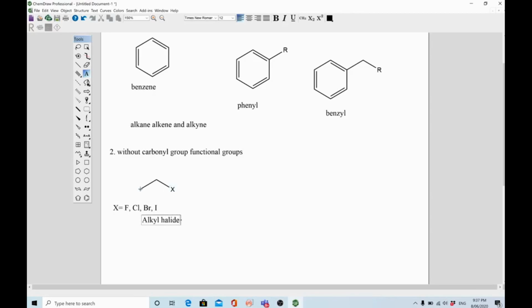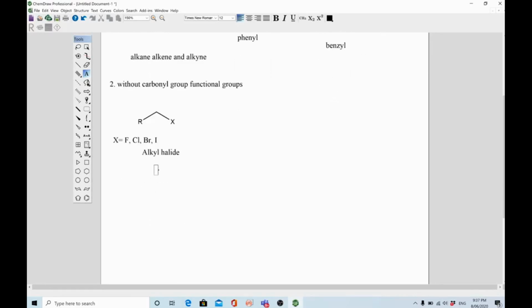If R is alkyl, then we call them alkyl halide. If R is aromatic like benzene, we call them aryl halides. By the way, I'll make another video in which I will explain which compounds we call aromatic and how to determine whether or not a compound is aromatic. There are 3 types of alkyl halides.